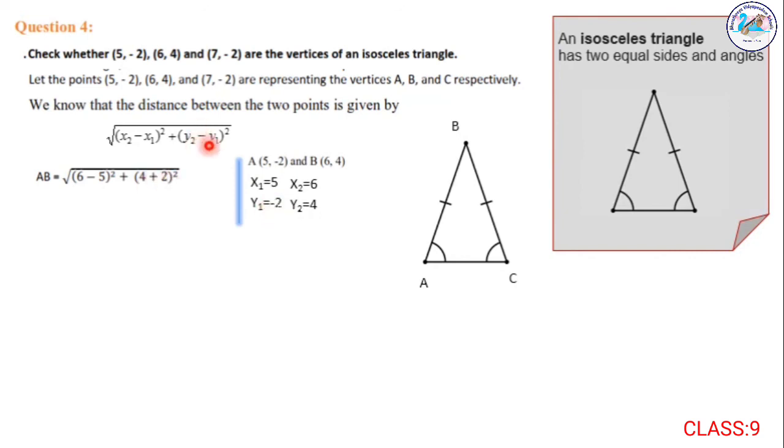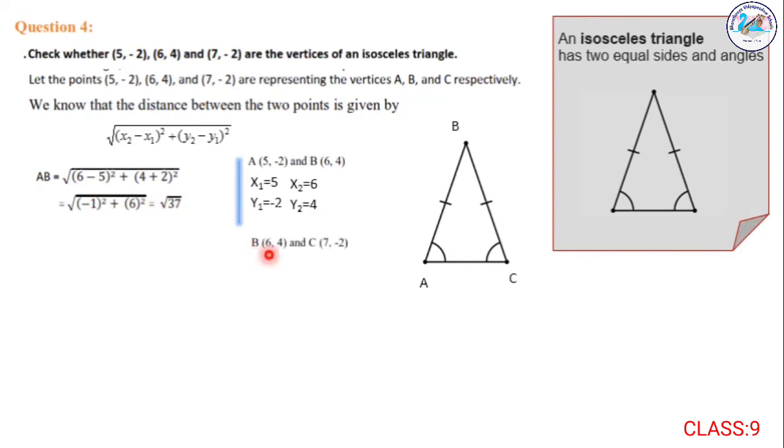That is 6 minus 5 equals 1, and 4 plus 2 equals 6. So 1 square plus 6 square, 6 square is 36, 36 plus 1 gives 37.